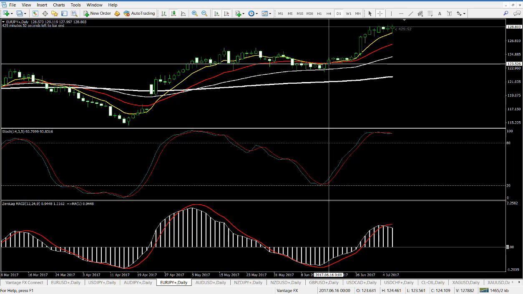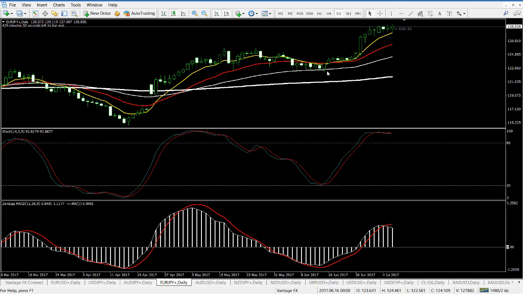So at the open of this candle on the 16th of June was the best entry for my strategy, and I would have got like 450 pips, 400, yeah, with a stop of 100. So that was a reward to risk ratio of 5 to 1. That was the best that you can probably get. It's a trader's dream to get a 5 to 1 reward to risk.